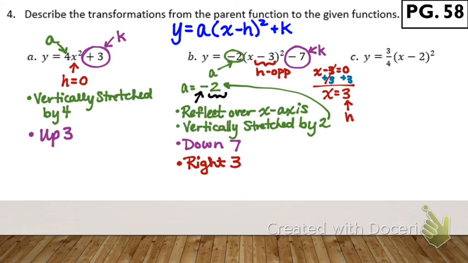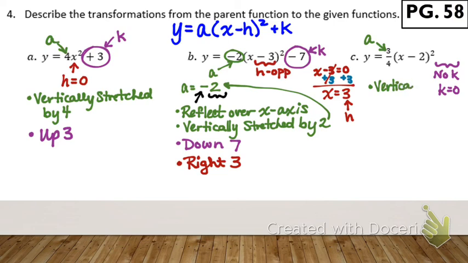On part C, do I have parentheses? Yes. I only have 2 numbers here, so who's missing? K. There's no K, and so K is 0. This 3/4 right here, who is that then? Is that A or H? A. Is 3/4 smaller than 1? So is that going to stretch it or compress it? Compress it.